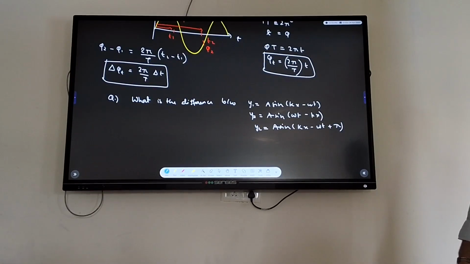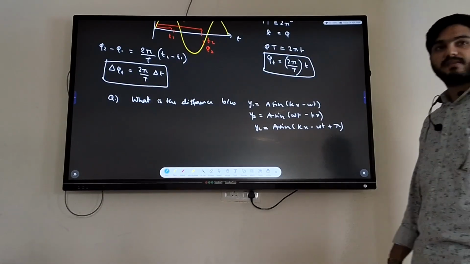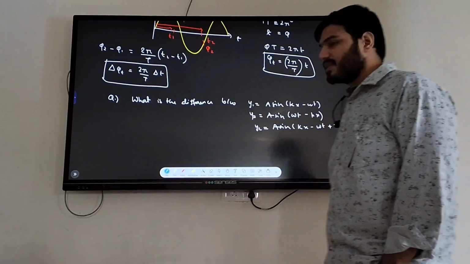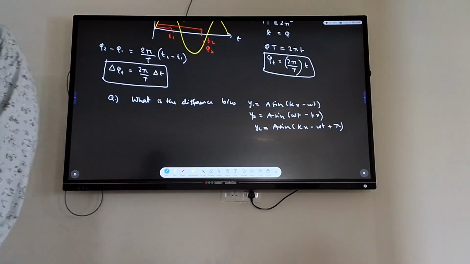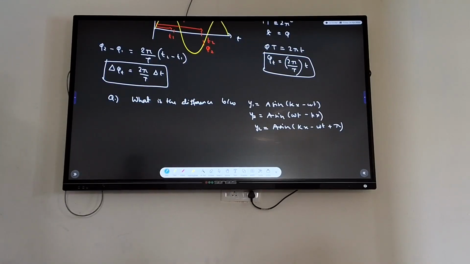Any other opinions? This pi, what is our phase difference? Temporal, spatial, or maybe some other? So some people are saying spatial. What about the others? Come on, it's a very simple question.